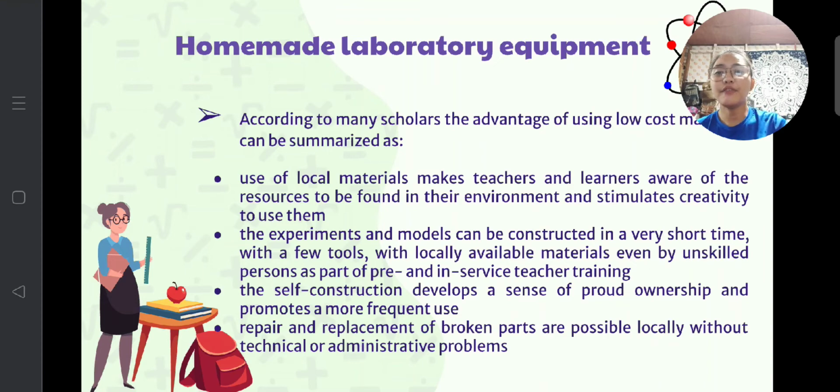The self-construction develops a sense of proud ownership and promotes more frequent use. And repair and replacement of broken parts are possible locally without technical and administrative problems.